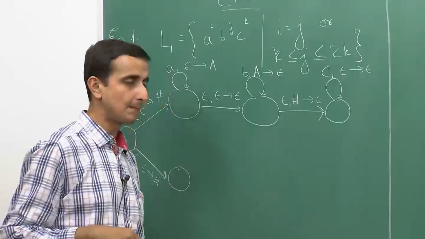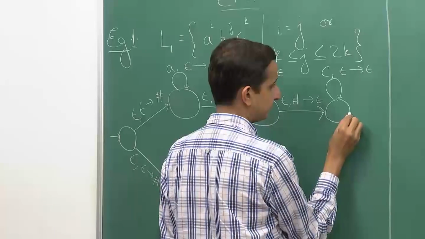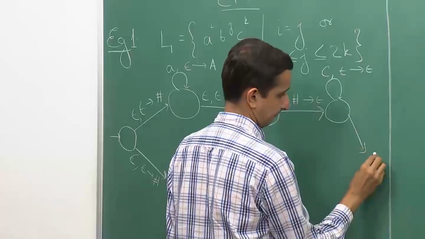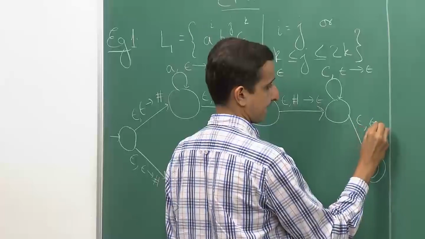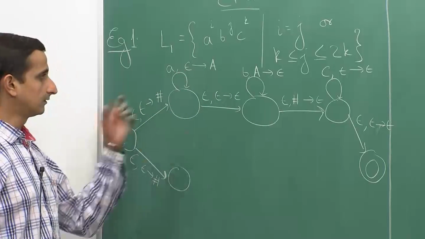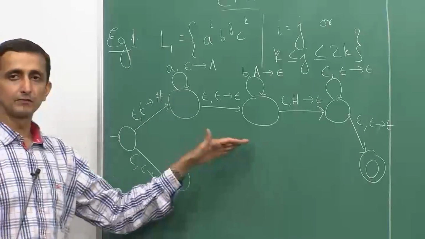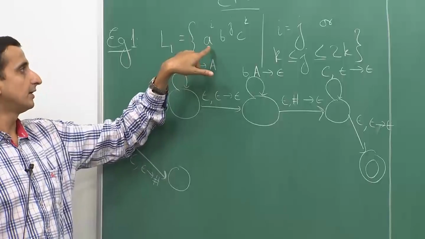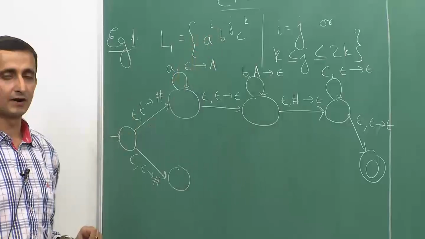Finally, at the end of seeing all the c's, I will go to an accept state. So, this portion of my push-down automaton accepts strings of the form a^i b^j c^k, where i is equal to j.